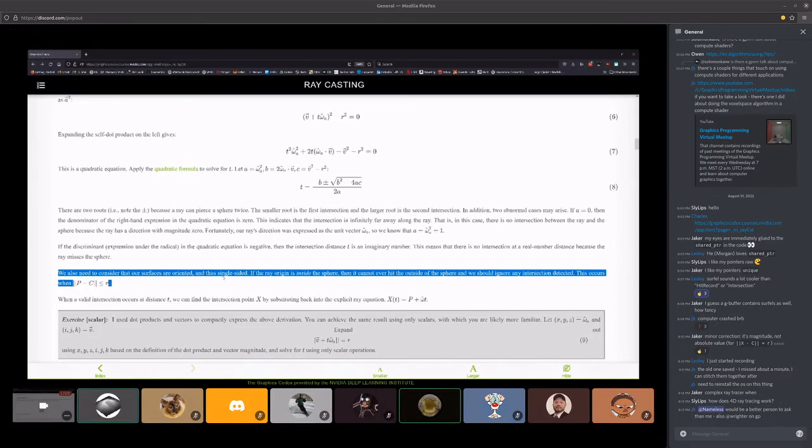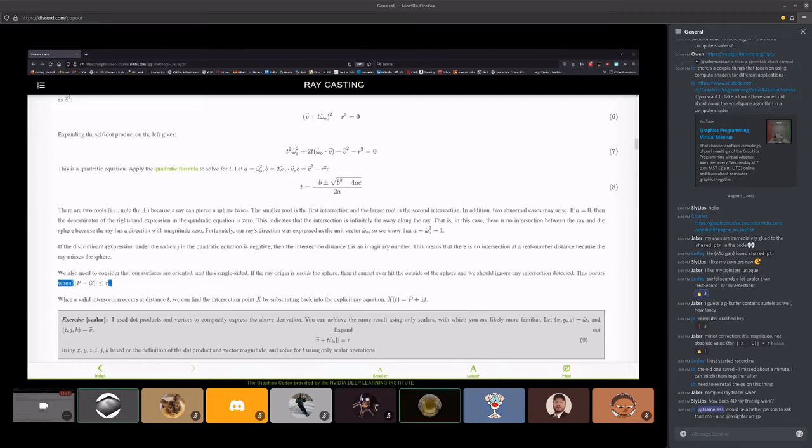Surfaces are oriented, thus single-sided. If the ray origin is inside the sphere, then it cannot ever hit the outside of the sphere, and we should ignore any intersection detected. Oh yeah, with an oriented surface, you throw out cases going back through a surface or from the inside of it.